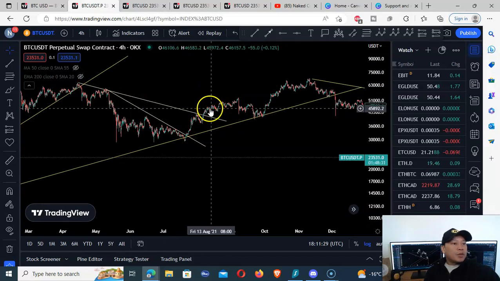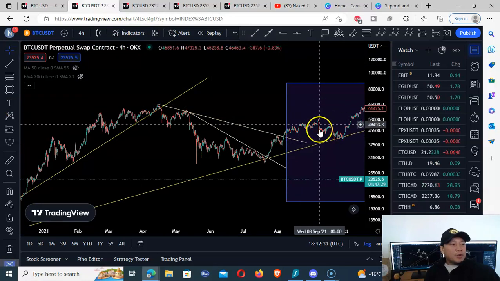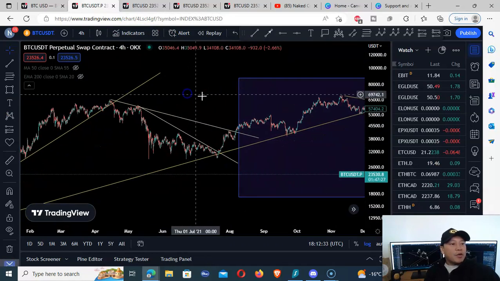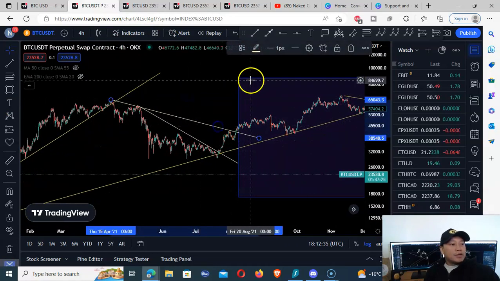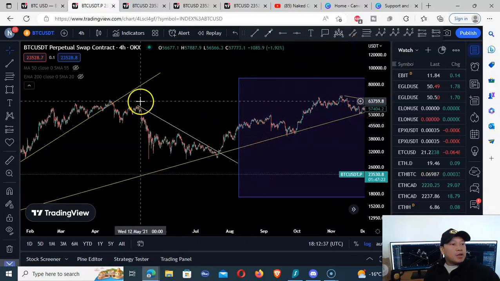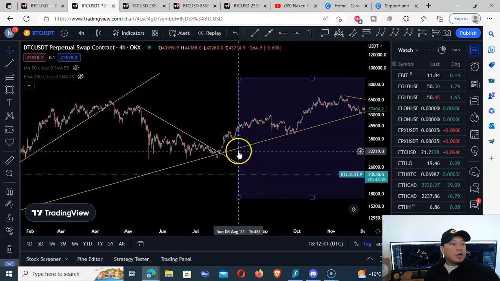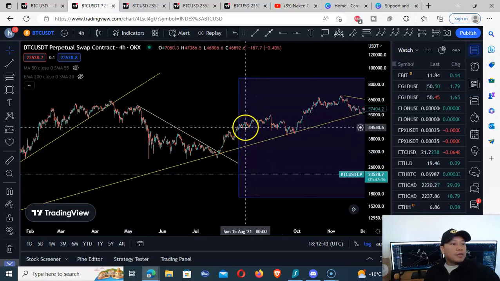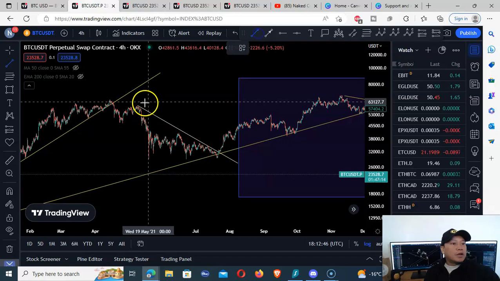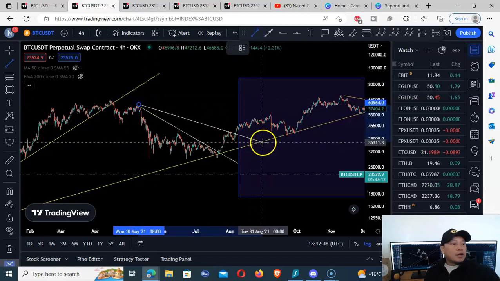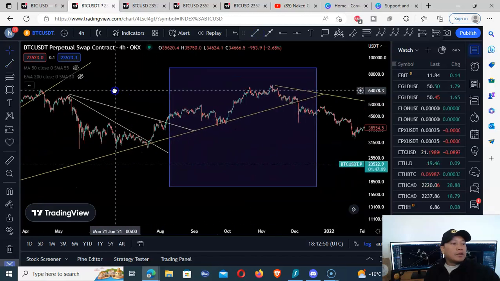Of course, let's pretend this thing didn't happen yet. Then your trend line would be here, and after this thing happened, you have to move your trend line here, something like that.